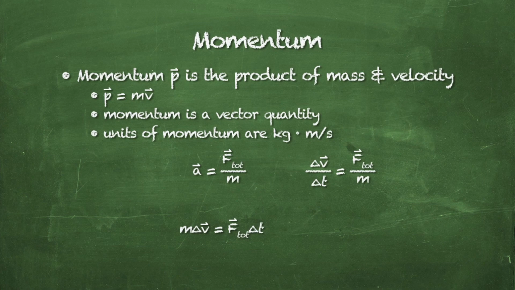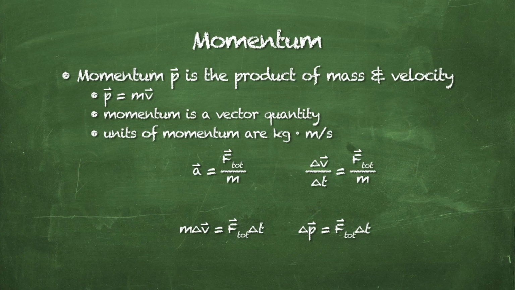So, we have the change in an object's momentum vector is equal to the total force vector acting on that object times the change in time, or the length of time over which that force was applied. So that's where we were working to get to here. The change in an object's momentum is equal to the total force applied to an object times the length of time over which that force is applied.